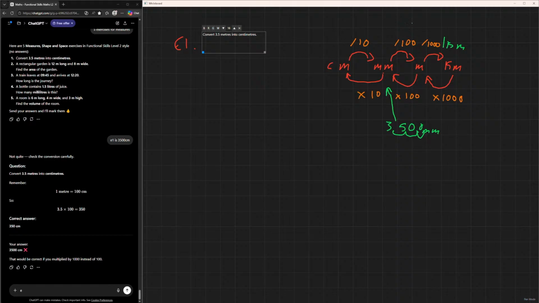So 1,000 meters in 1 kilometer, 100 millimeters. Then we go 10 centimeters. So we were here, 3.5 meters.